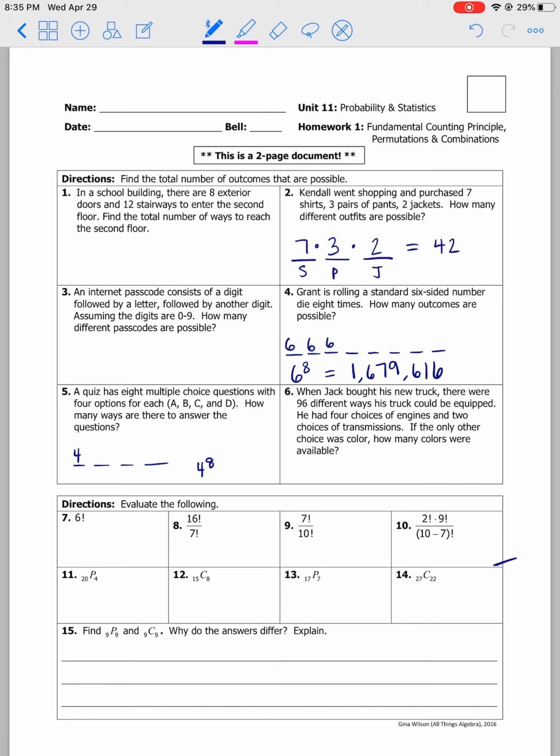Let's take a look at question 6, just because this one is a little bit different. When Jack bought his new truck, there were 96 different ways his truck could be equipped. He had 4 choices of engines and 2 choices of transmissions. If the only other available choice was color, how many colors were available?